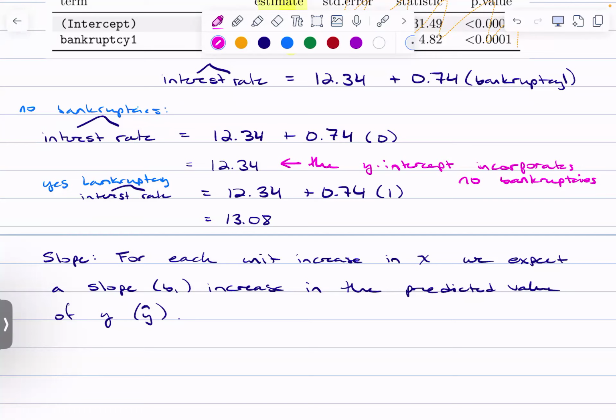So no bankruptcies is the default. No bankruptcies is the default, or reference level, we're going to call it.